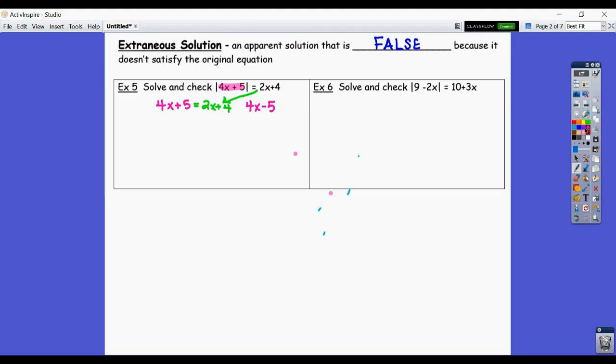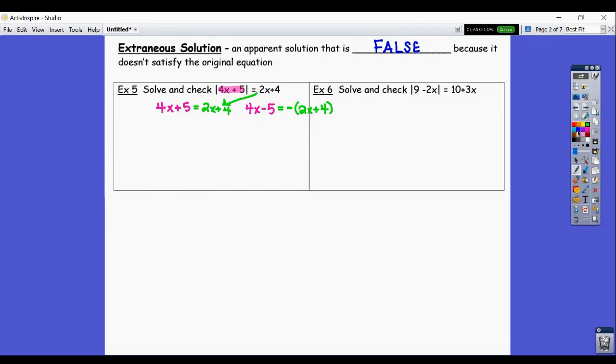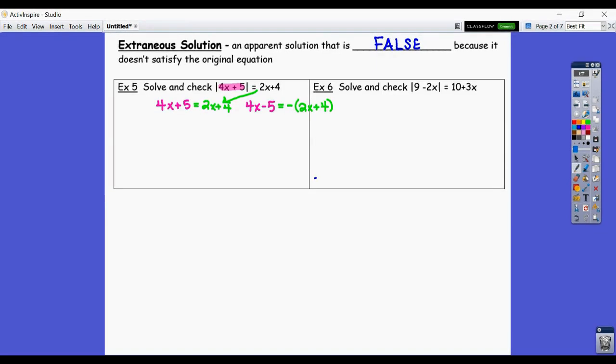Everything inside my absolute value stays, but what's going to happen now is I'm going to have to talk about the negatives here. We go ahead and solve one equation at a time. Let's go ahead and start left to right.